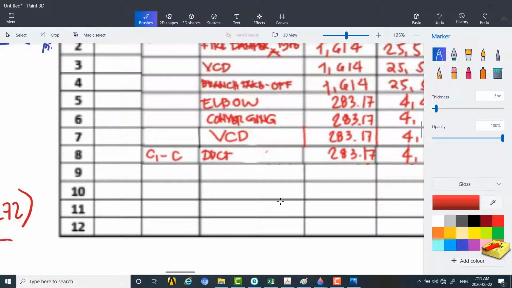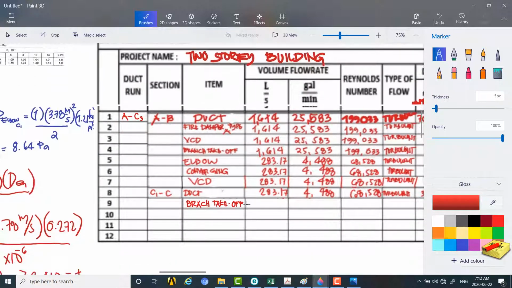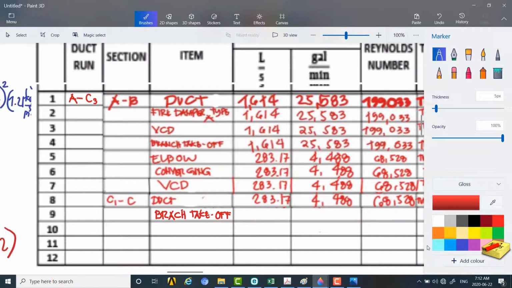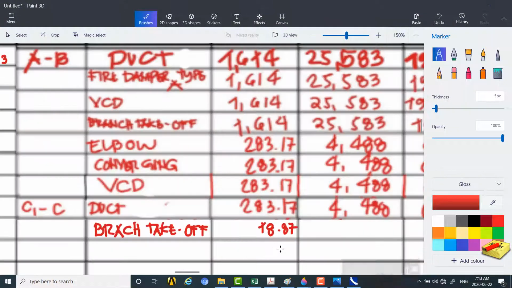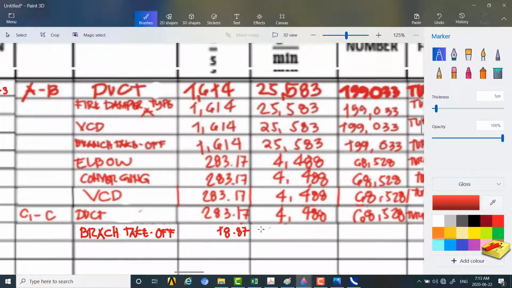So we'll be putting here, this is branch takeoff. Then we have the volume flow rate for this part, so we have the value of 18.87 liters per second.